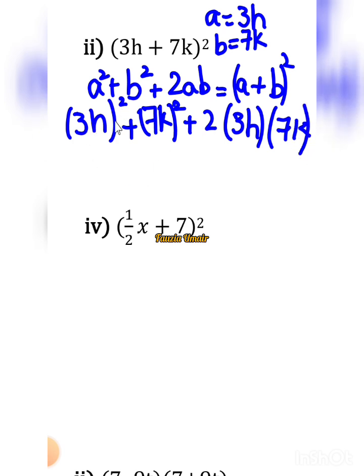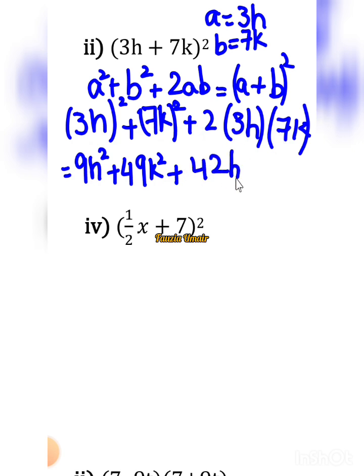So now I'll just expand. So 3h square, 3 square is 9, h square plus 7 square is 49, and the k square plus, now I need to multiply this. 3 2s are 6, 6 7s are 42. So 42hk. This is your answer.